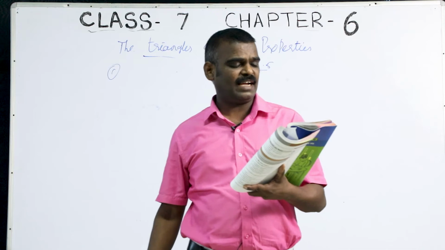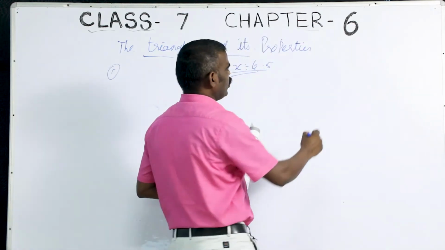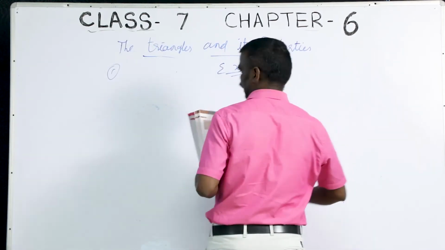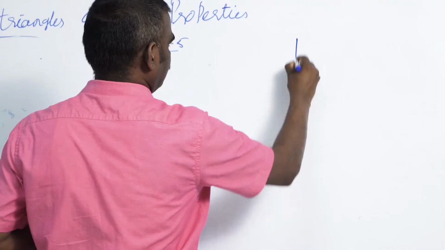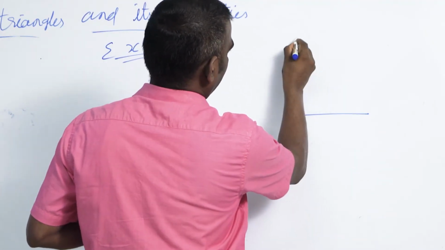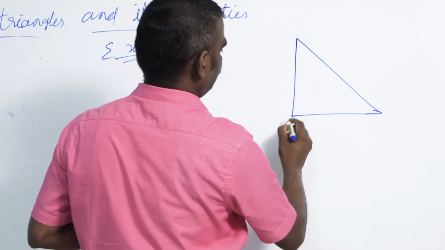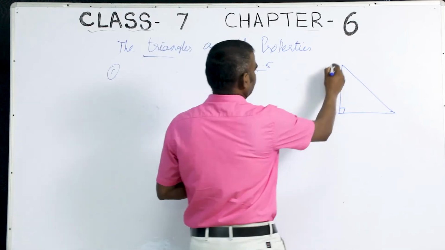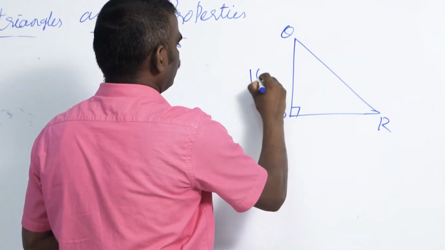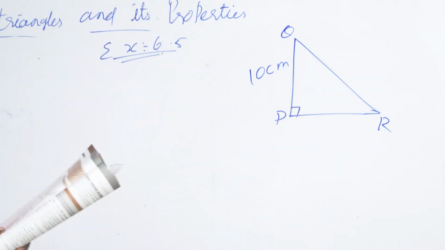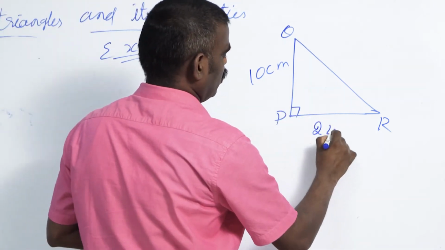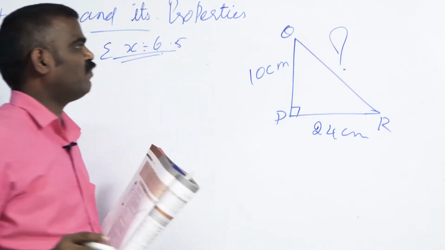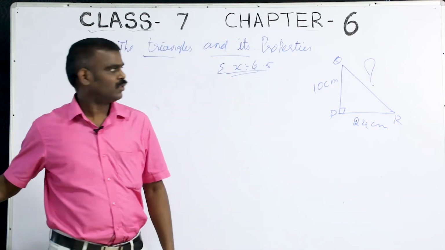PQR is a triangle, right triangle at P. If PQ is equal to 10 centimeter, PR is equal to 24 centimeter. Find QR. We have to find out QR.